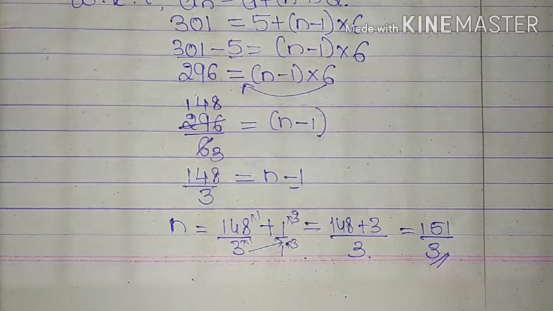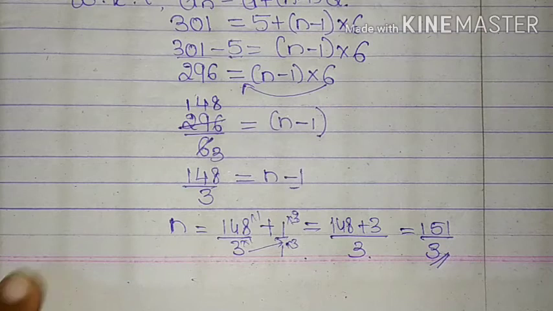Do you think that in an AP the terms can be fractions? Do we have a half term in an AP? The 3 by 5th term in an AP? Is it possible? No, it's not possible, because in an AP there is always a first term, second term, third term. The terms are never ever fractions. N is always a natural number.